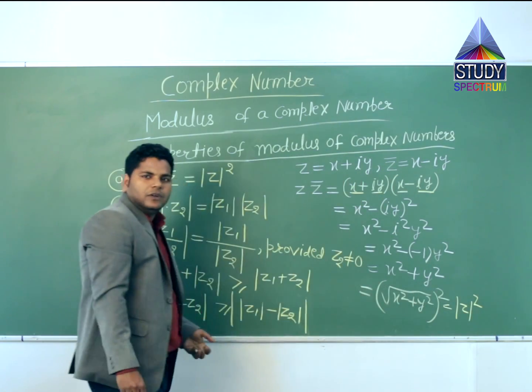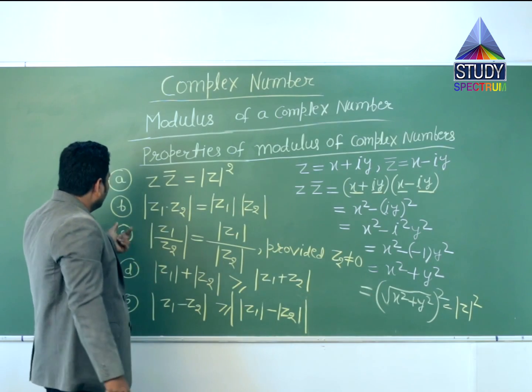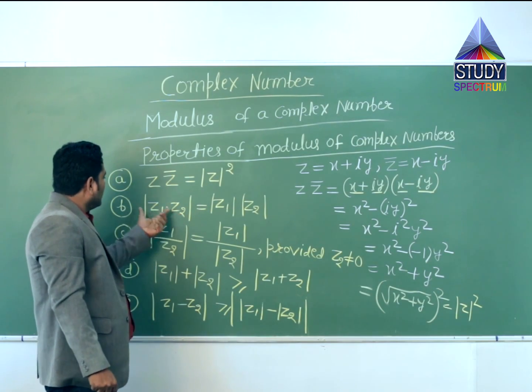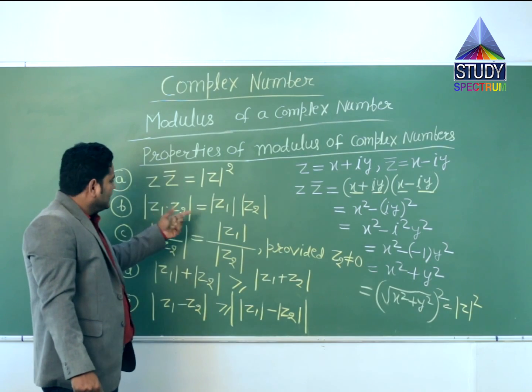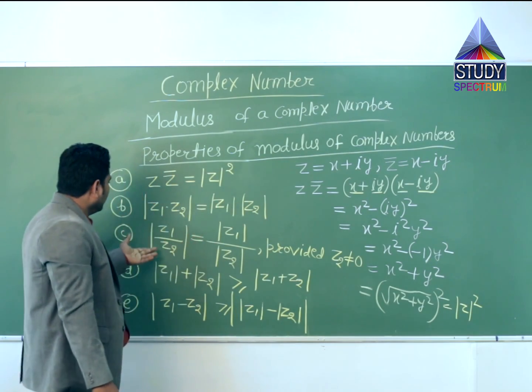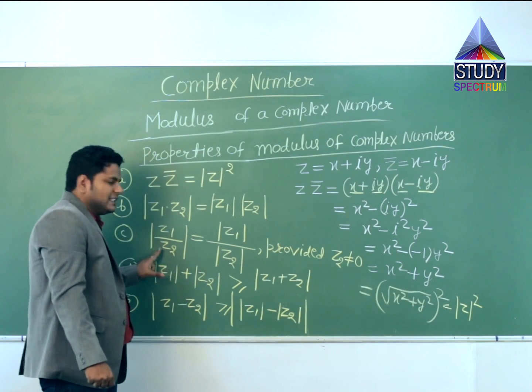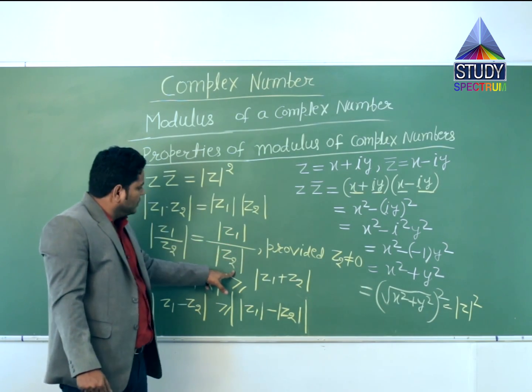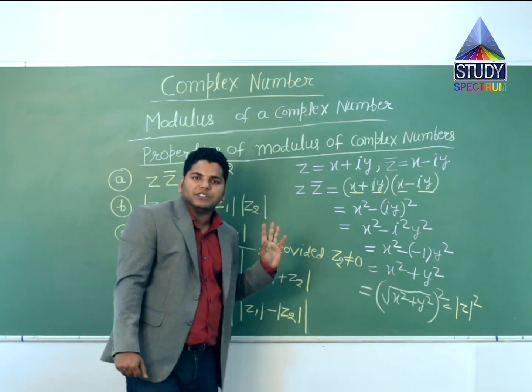Okay, got it? Now move to the second property: mod of z1 into z2 is mod z1 into mod z2. In the same way, modulus of z1 by z2 is equal to modulus of z1 by modulus of z2, provided z2 is not 0.